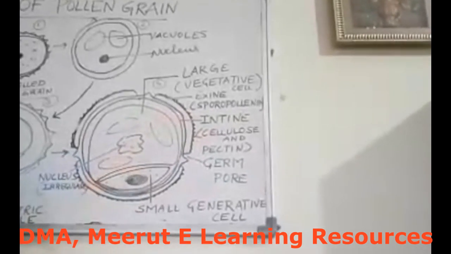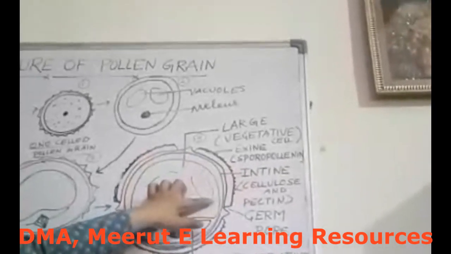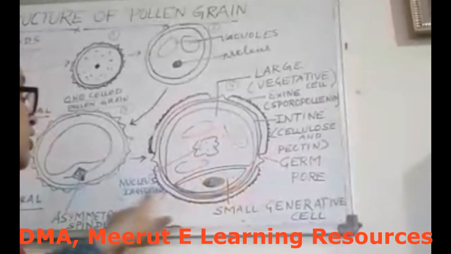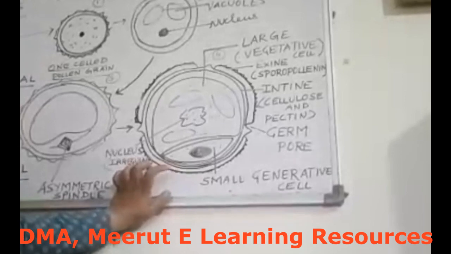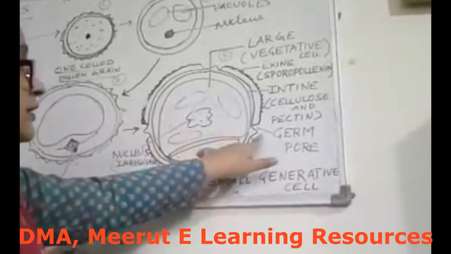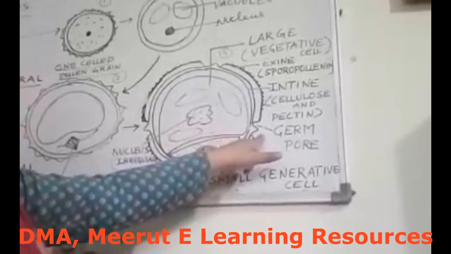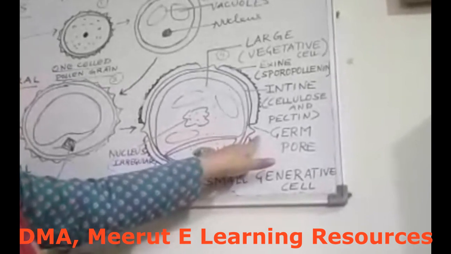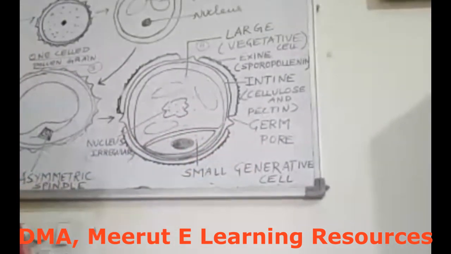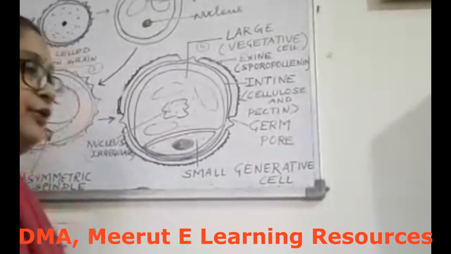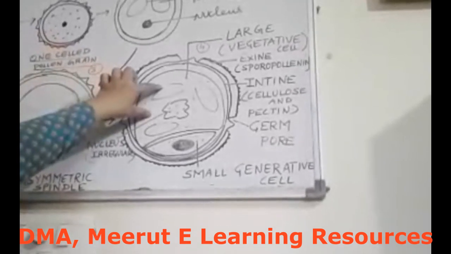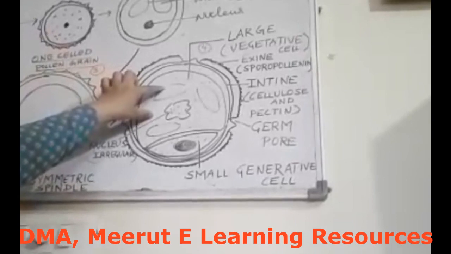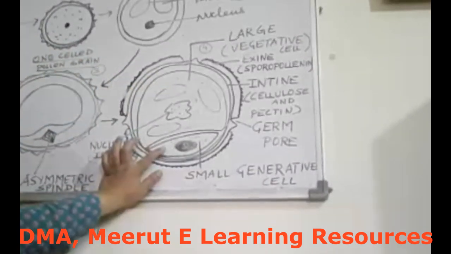Now at certain places, sporopollenin deposition is not seen. Here you can see a region where sporopollenin is not deposited. It is called the germ pore, from where the pollen tube arises later on. The larger cell is called the vegetative cell and the smaller one is called the generative cell.